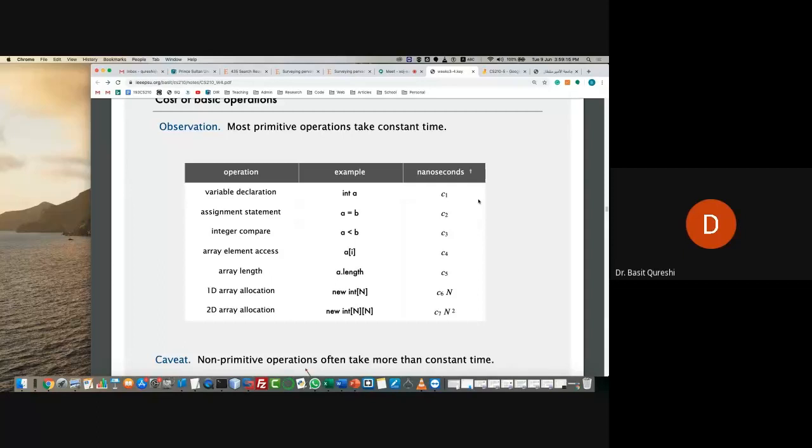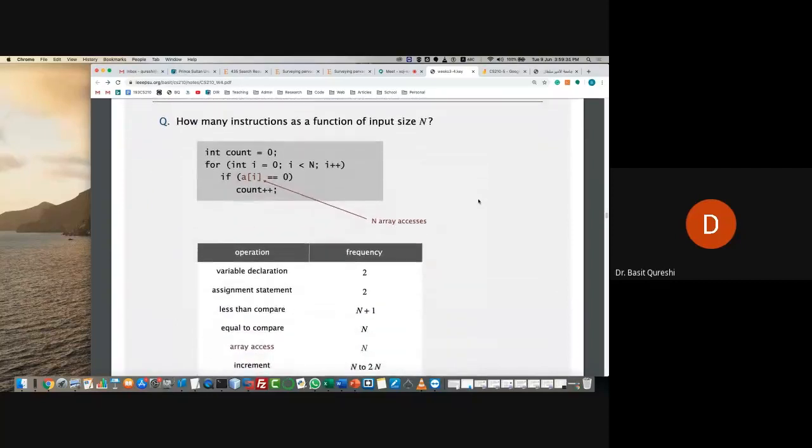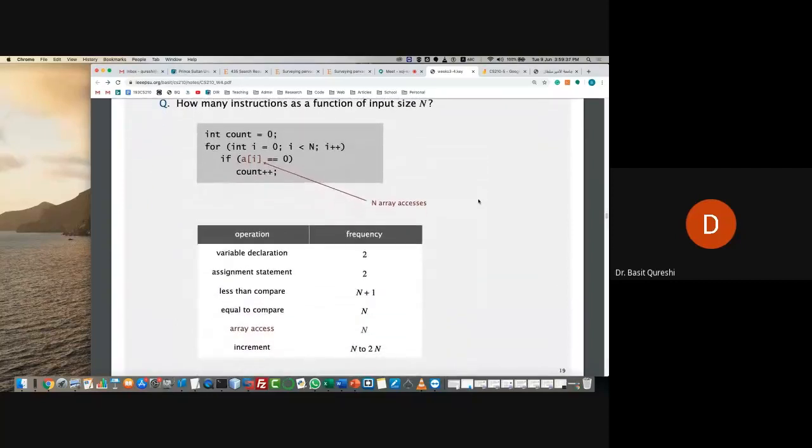Let's assume it has n rows and n columns. To put everything inside this array, it will take some constant time multiplied by n squared, just like the for loop we did. Now it's like 2 for loops. Good observation. Okay, here's another example. Some code in front of you.